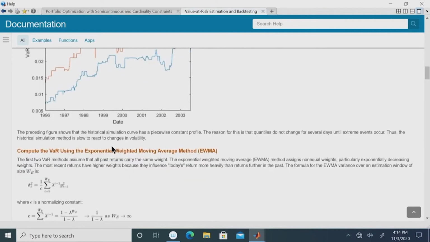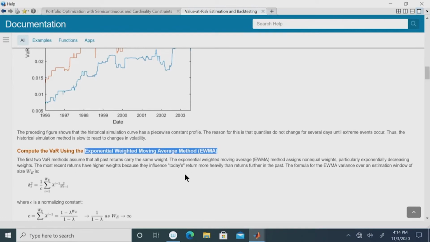So, now we come to the computing of VaR, the last approach. We will make use of the method known as the exponential weighted moving average method, which is commonly known as EWMA.